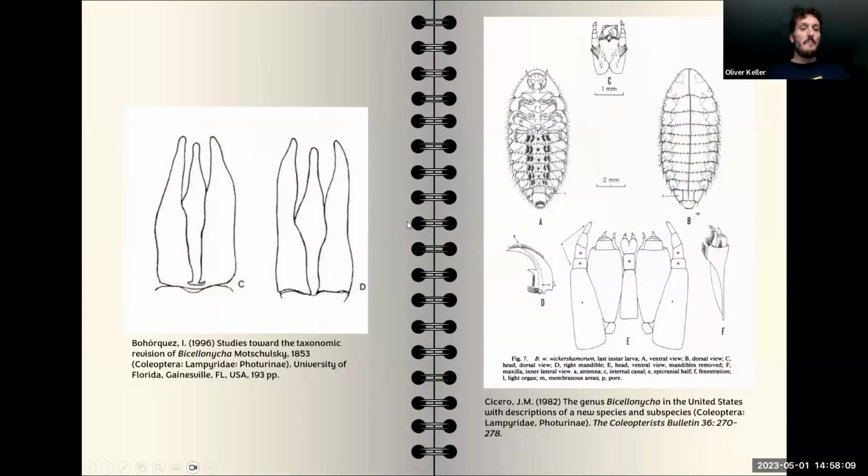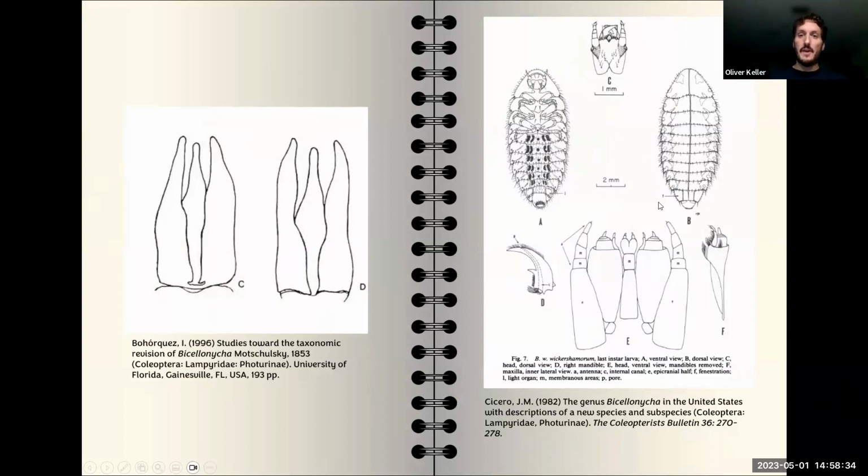Here, Bohorquez, who was a student of Jim Lloyd's and graduated here, did a taxonomic revision of Bicellonycha, but it's only a dissertation. It never got published. And this one has the larvae described by Joe Cicero. In the same paper, he described the adults.